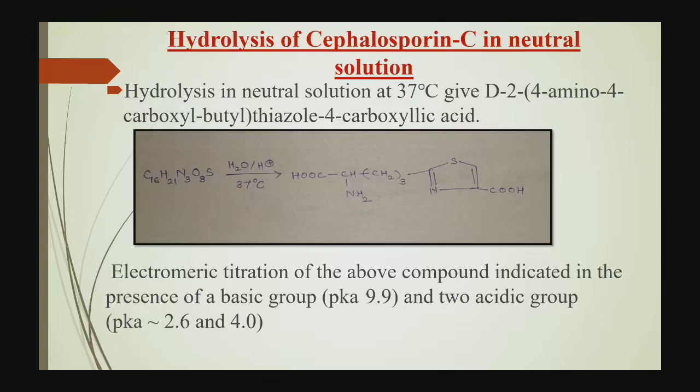On the basis of electrometric titration, cephalosporin C was found to be an amino dicarboxylic acid. Further, 3 ionizable groups were found with pKa values of 2.6, 4.0 and 9.9 respectively. 2.6 and 4.0 are for carboxylic acid and 9.9 for the amino group.